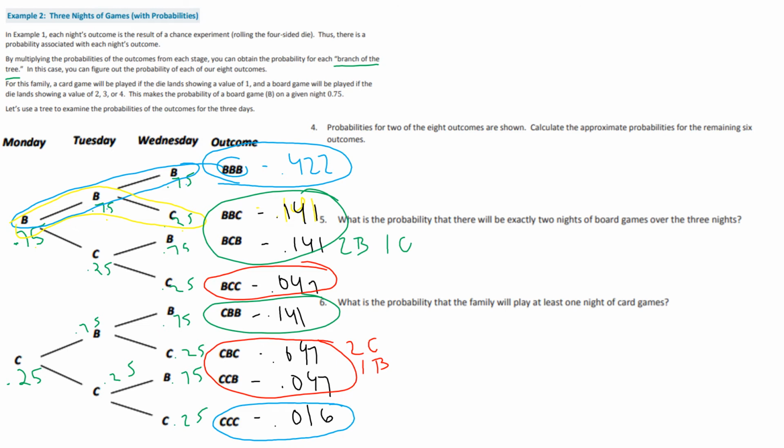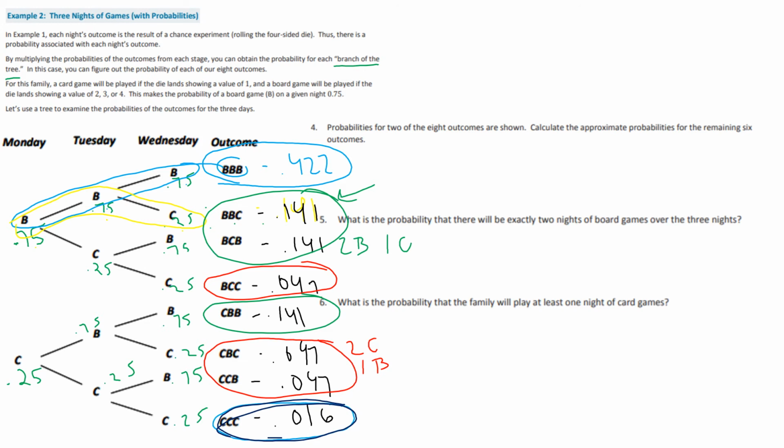You can just see, for example, BBC right here and BCB. If you did the first one, you would notice you did 0.75 times 0.75 times 0.25, and then as you were doing the next one, you could say, oh, I know that when you multiply, it doesn't matter the order, so these will be the same. So what you should see is these different groups. You should see that pattern. So that was our answer to number 4.